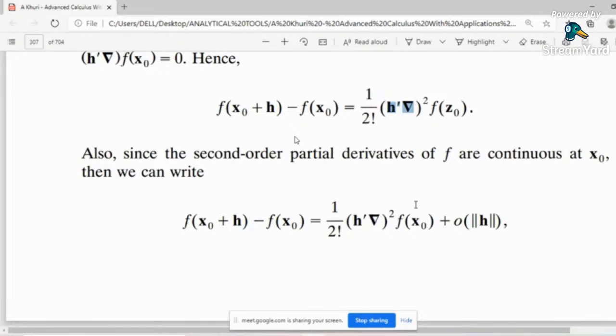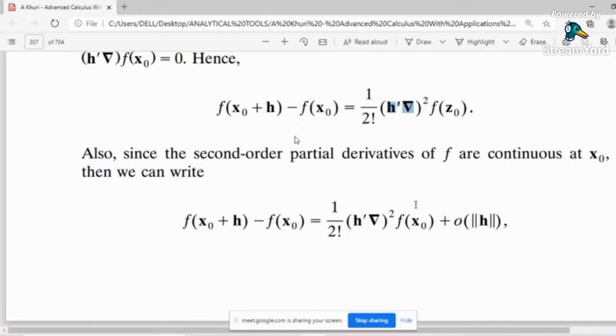So, for example, what is the definition of continuity? Given epsilon greater than 0, there exists a delta greater than 0 such that mod f of z naught minus f of x naught is less than epsilon. That means the distance between f of x naught and f of z naught is negligible.